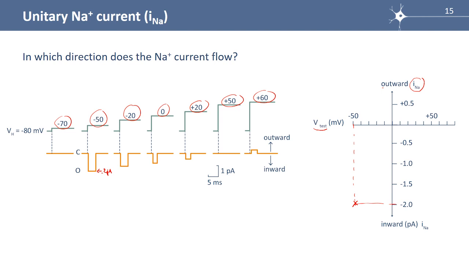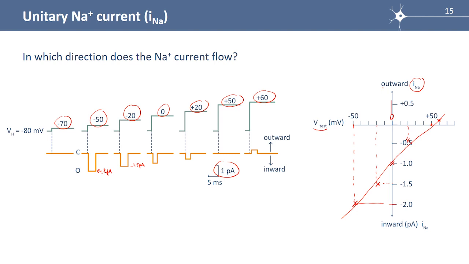This one is around minus 1.5 picoamps, and the scale is here. And at minus 20 here. It's approximate, at 0 about 1, and so on, and at plus 60 about 0.025, something like that. So now if we trace the curve, it's a straight line.